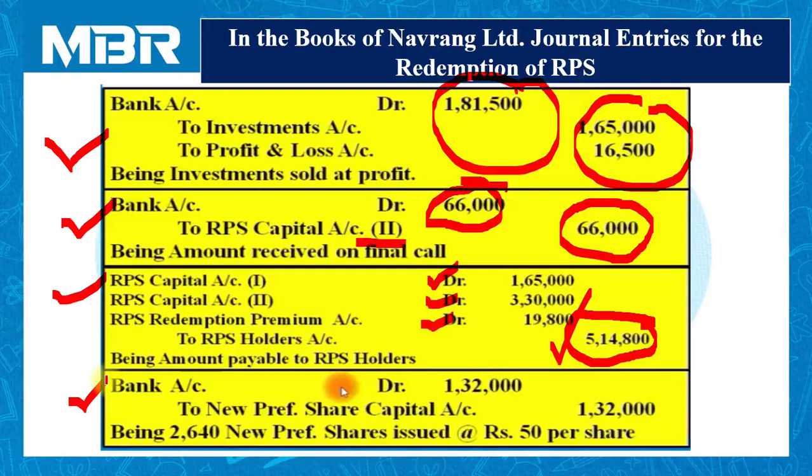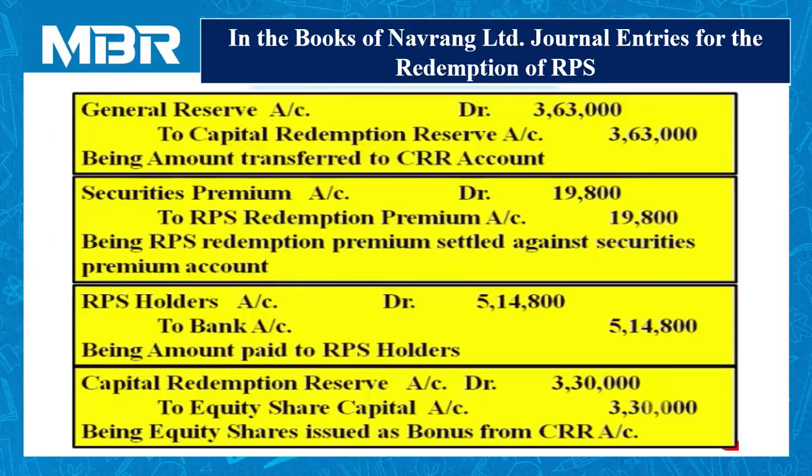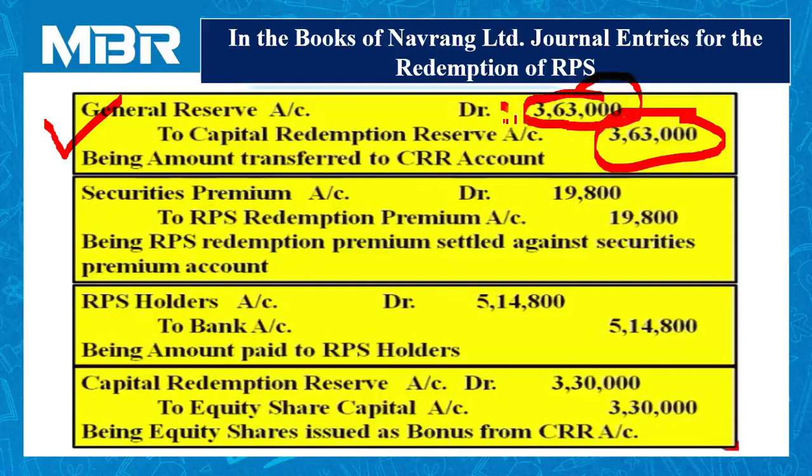On the basis of that condition, we have decided how many shares are issued by the company, and the journal entry is bank account debited 1,32,000, to new preference share capital account 1,32,000. Then we have transferred rupees 3,63,000 to capital redemption reserve, that is CRR account. General reserves account debited 3,63,000 to capital redemption reserve, that is CRR account 3,63,000.